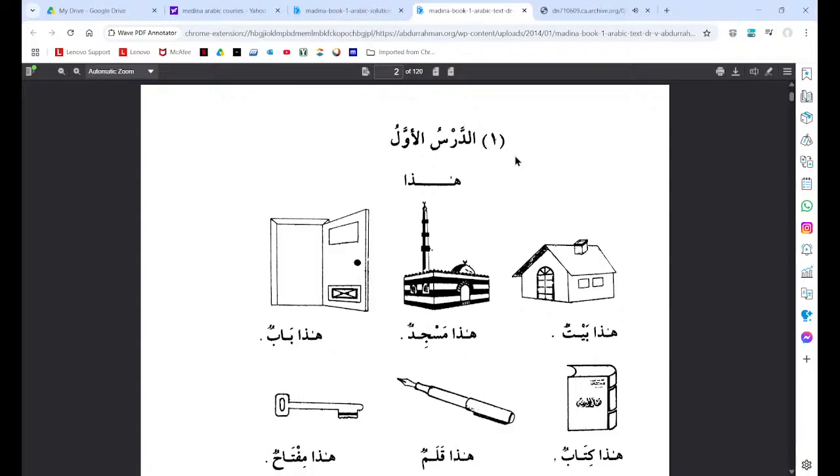It can be defined by its own meaning, except a fi'lun is connected to three periods of time: Al-Madi, the past tense, Wal-Hal, the present tense, Wal-Istiqbal, the future tense. So this is the verb. All verbs in Arabic will be connected to one of three time periods: something that has already happened, something that is happening, or something that's going to happen, or a command that someone is asking you to do.